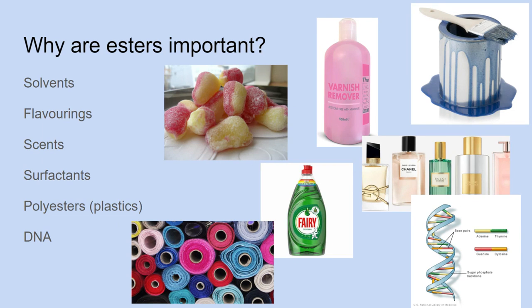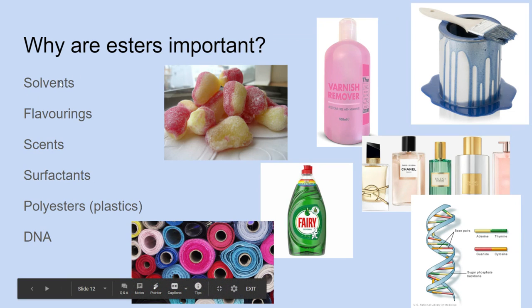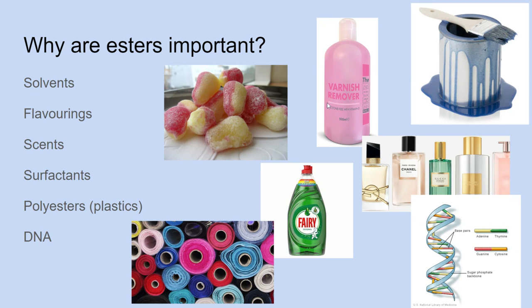You need esters in day-to-day life for lots of things. Okay, so we use esters as solvents. That means they dissolve other things, such as the pigment in paint. Solvents are used to dissolve the pigments in nail varnish, so it will dissolve your nail varnish off your nails. Okay, it's also used in the food industry in flavourings. So on screen here you can see a sweet, they're called pear drops.